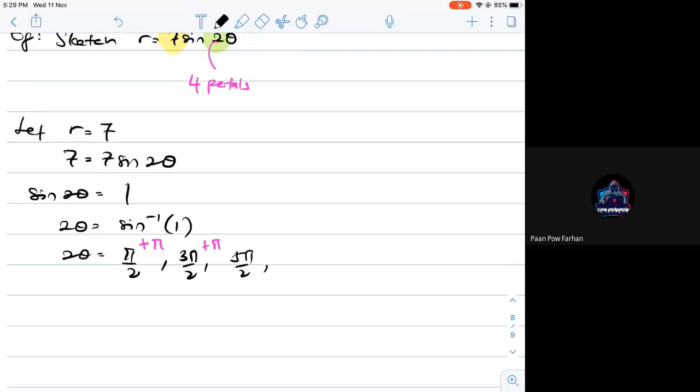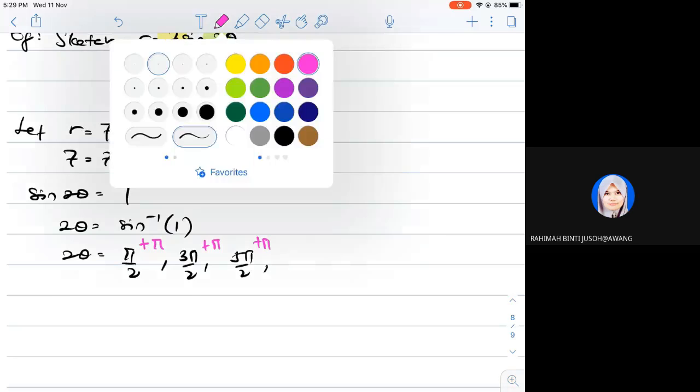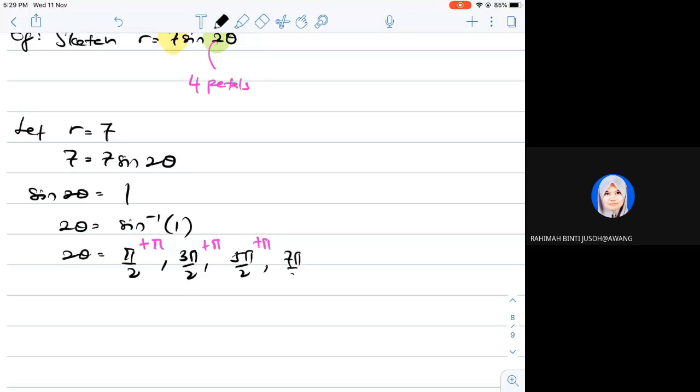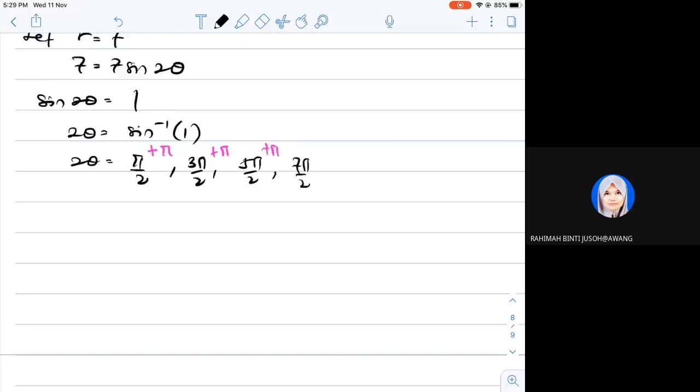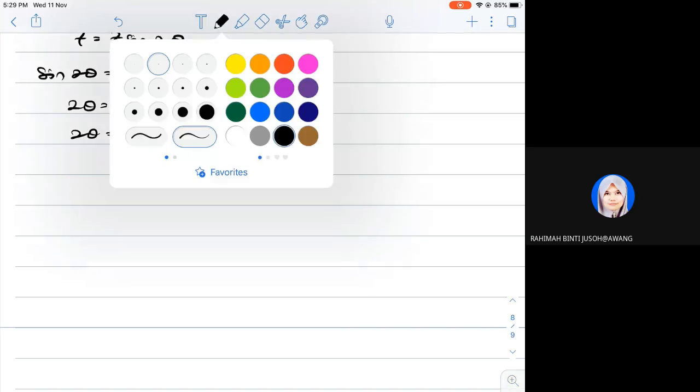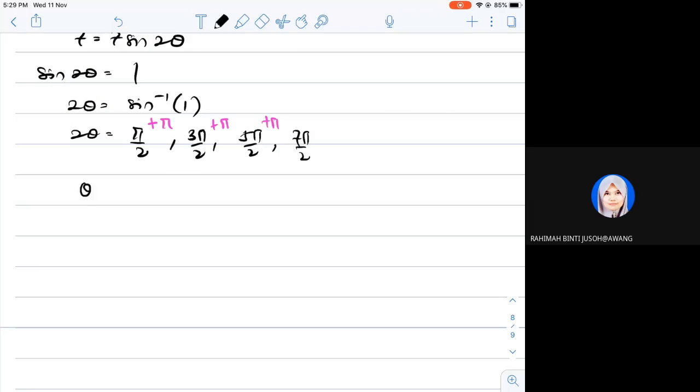Add pi again and you get 7 pi over 2. Now this is for 2 theta, and we want theta, so we divide everything by 2. We will have pi over 4, 3 pi over 4, 5 pi over 4, and 7 pi over 4.